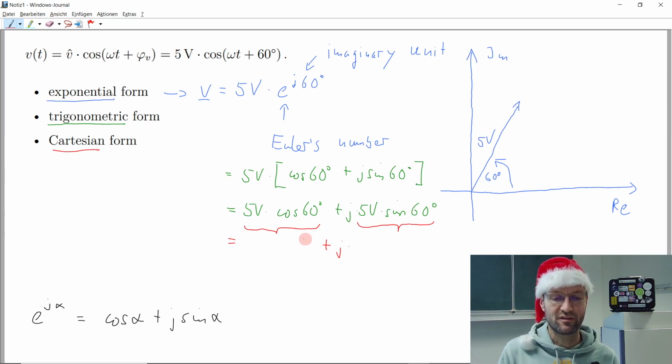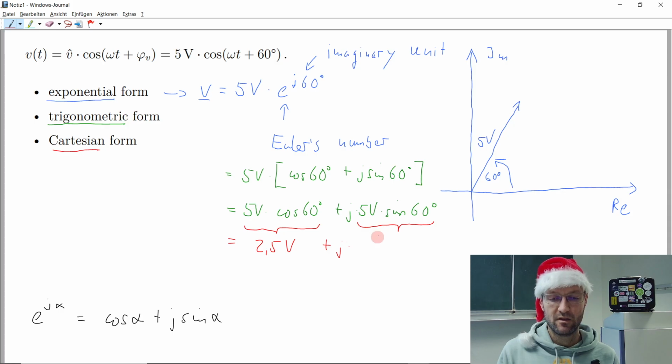So now this is something that we would need to calculate. You can calculate it if you like using a classical calculator. I won't use a calculator. I have forgotten my calculator today. I think cosine of 60 is easy because cosine of 60 is 1 over 2, and 5 volt times 1 over 2 is 2.5 volt.